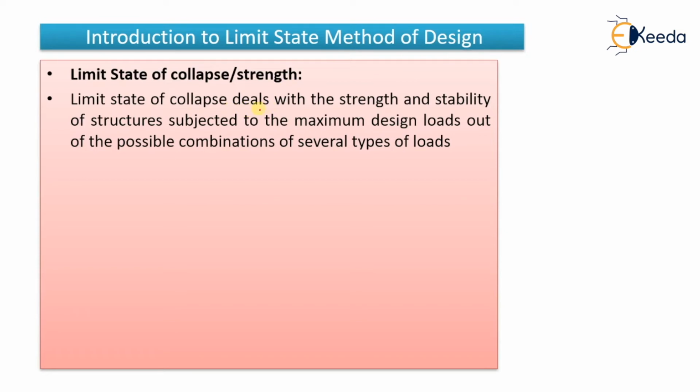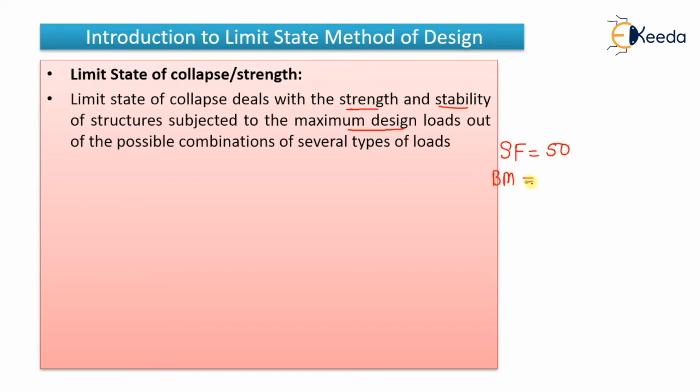So limit state of collapse or limit state of strength, what does that mean? Limit state of collapse deals with strength and stability. I have told you this. It will deal with the strength and the stability of structures subjected to the maximum design load out of the possible combination of several types of loads. Now what does that mean? Maximum design load. For example, I am talking in terms of load, so it is 50 in case of shear force.